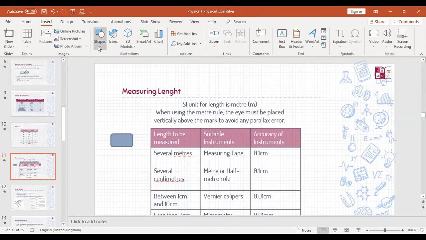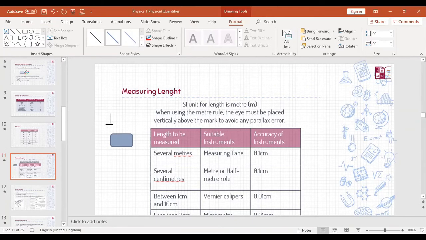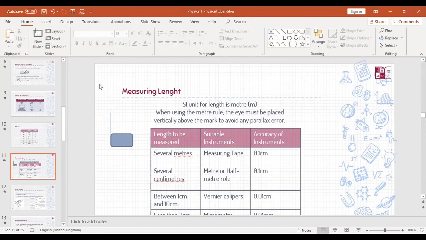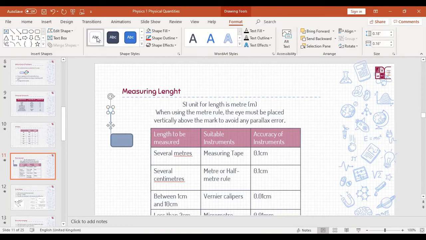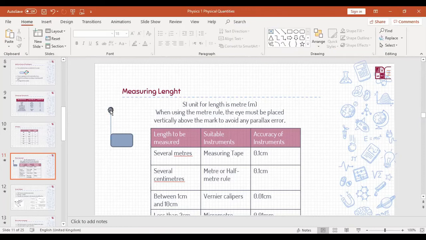Your eye must be placed vertically above. This is where your eye must be placed. This is where your eye should be.